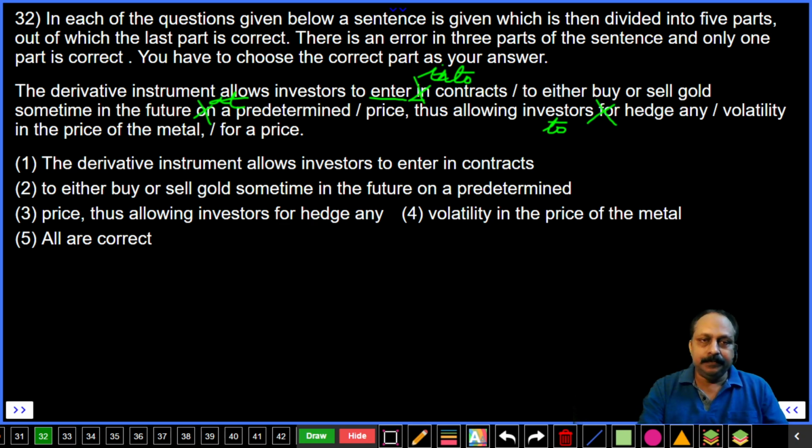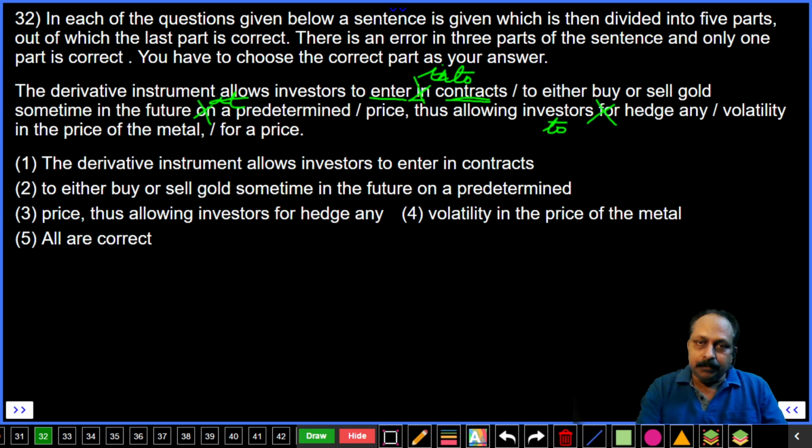These are very difficult, and this goes with one of the new models. The derivative instrument allows investors to enter, based on prepositional combinations, enter into contracts. Generally, we say enter does not take any preposition, but based on contracts, it should be enter into contracts, to either buy or sell gold sometime in the future on a predetermined price.